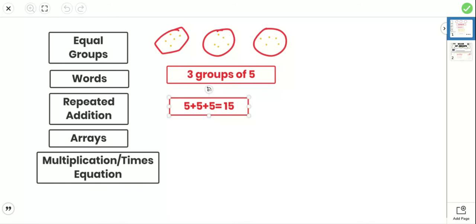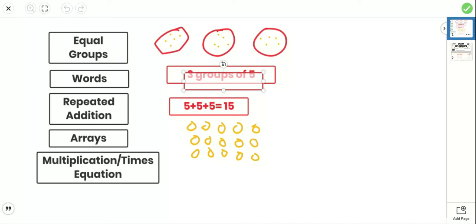I could make an array. 1 row of 5, 2 rows of 5, 3 rows of 5. Or I could do a multiplication, also called a times equation. 3 times 5 equals 15.